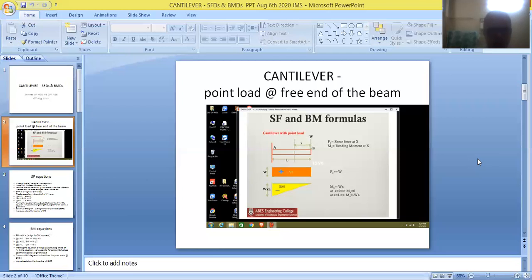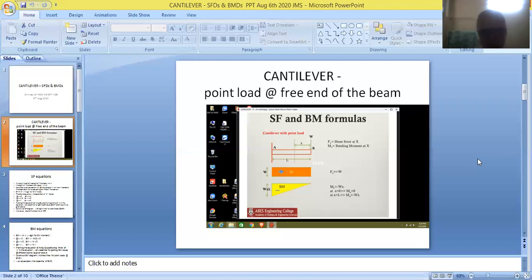And if the values of shear forces are positive, the values will be coming above the baseline of the shear force diagram. And if the values of bending moment are negative, this line is coming below the baseline.